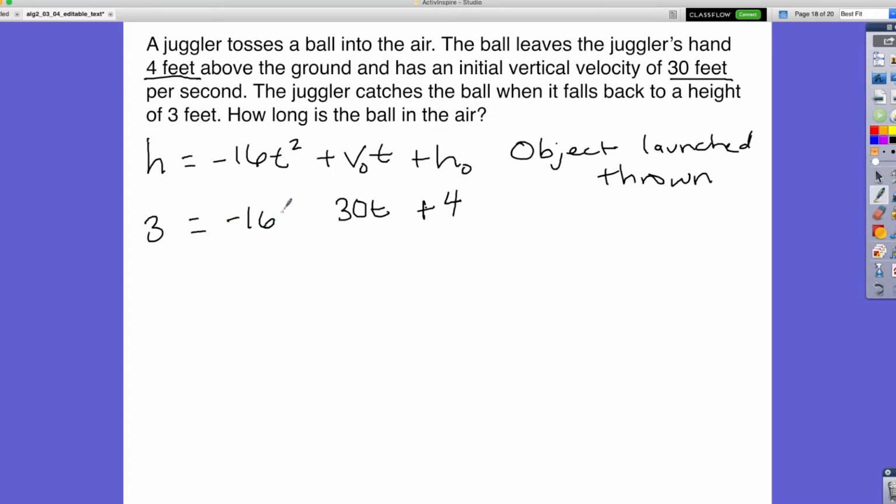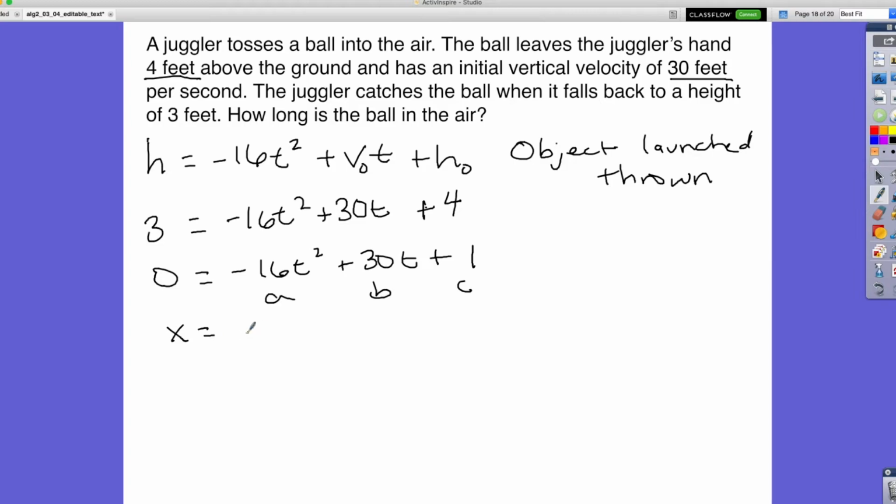All right. So now we're going to go through it. Now that we've substituted everything we needed to into this equation, we're now going to solve it. Have it equal 0. 0 equals negative 16 t squared plus 30t plus 1. Now let's use the quadratic formula. There's a, there's b, there's c.